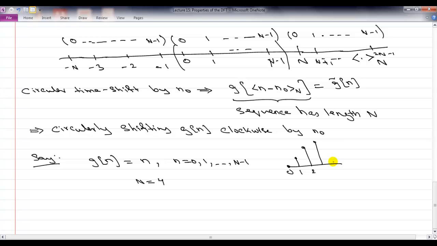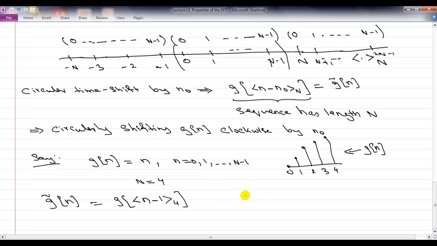So 3 and 4. Okay. So this is my g of n. And I'm now asking, give me a new sequence g tilde of n, which is g of n minus 1 mod 4. So you are asking for a new sequence which is circularly shifted by 1.